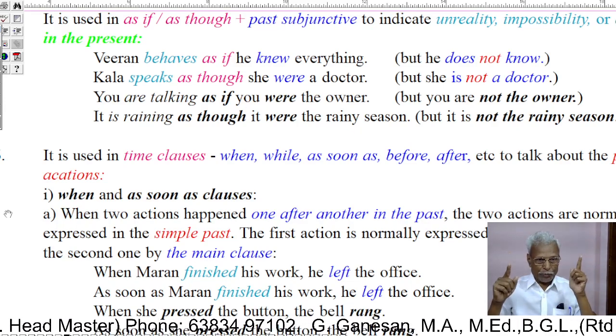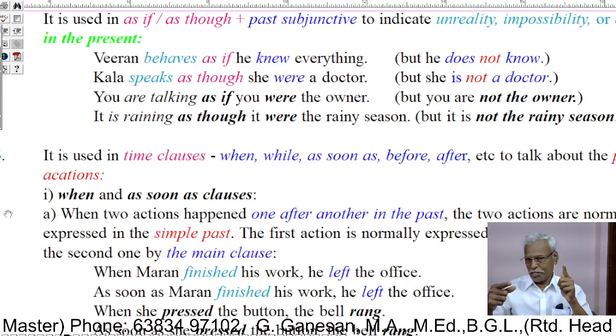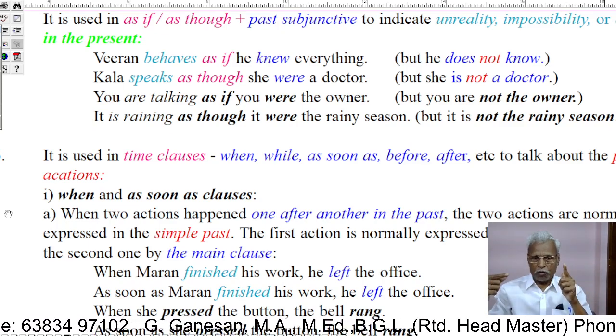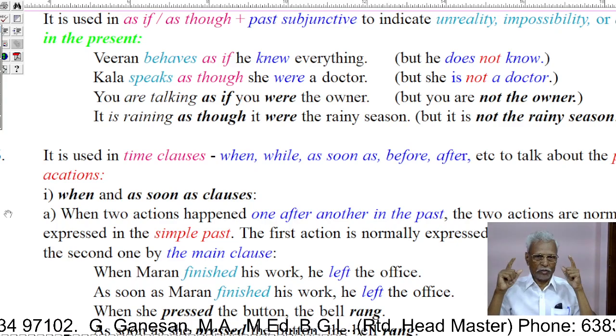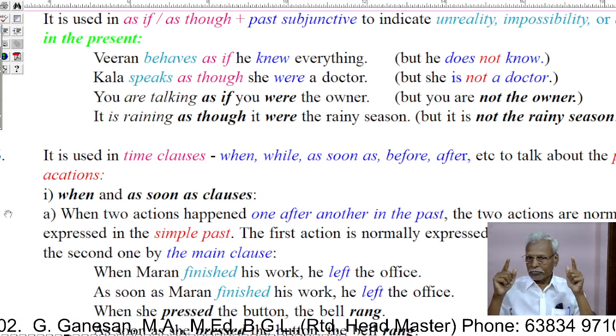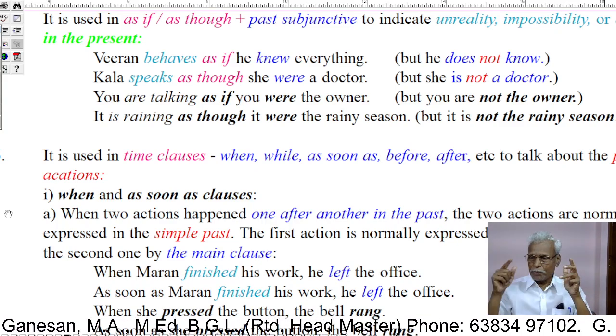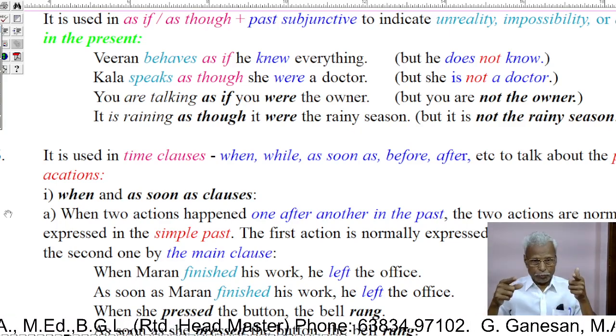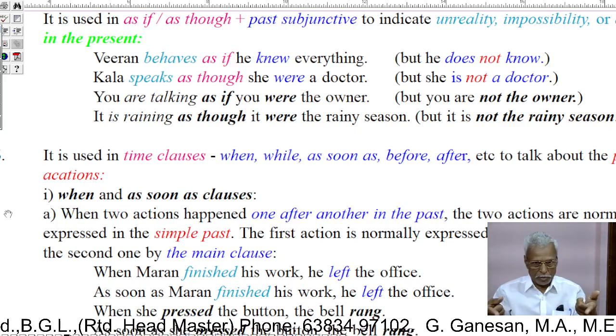When we come to express the impossibility or unreality, we use the plural past form of a be verb. When we come to use the be verb in as if, as though, and if plus second type, we should use the plural past form of the be verb.